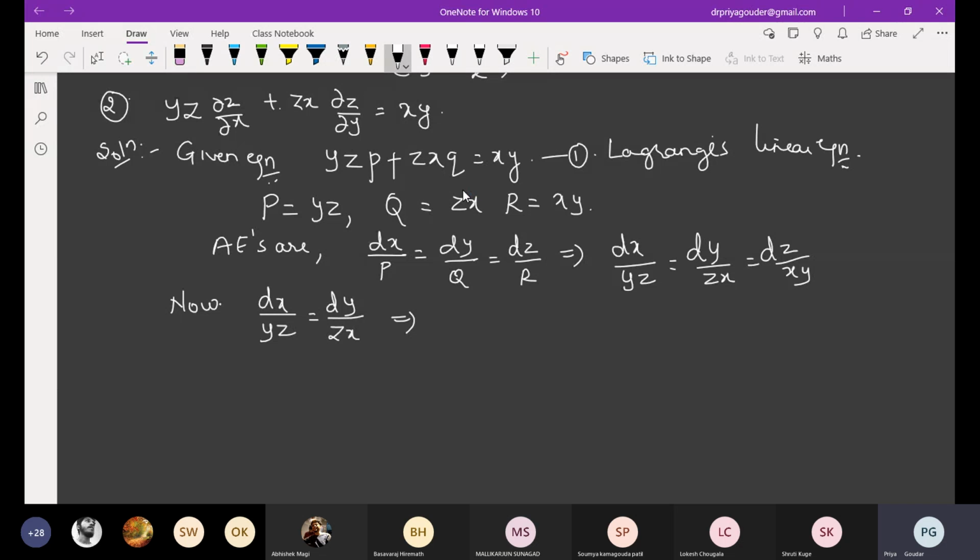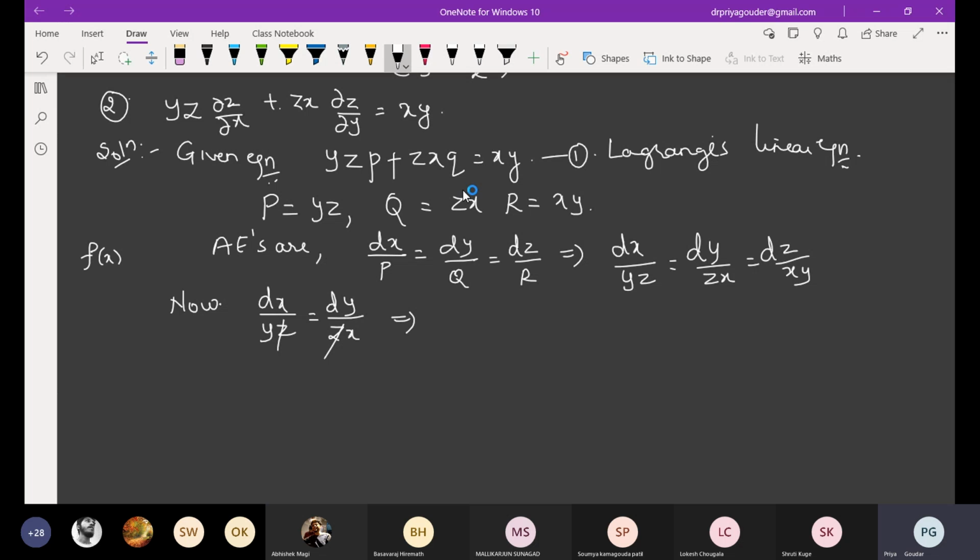Can you cancel z easily? Yes, very easily. See here, z you can directly cancel. Now, are the variables separated? Yes or no? No, ma'am, the variables are not separated.